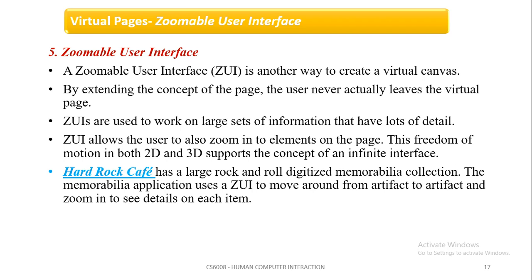Hard Rock Cafe is a website that recently digitized all of its large collection of rock and roll memorabilia, and this application uses a zoomable user interface to move around from artifact to artifact and zoom in on the details of each item.